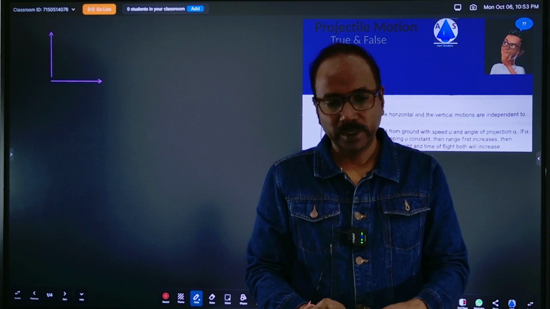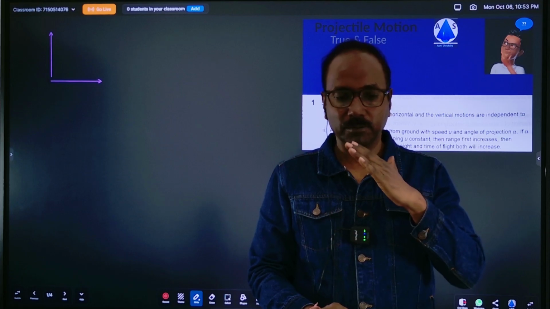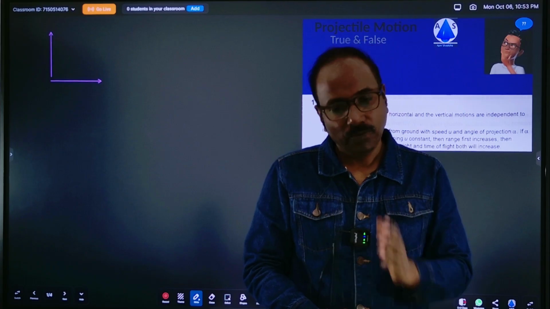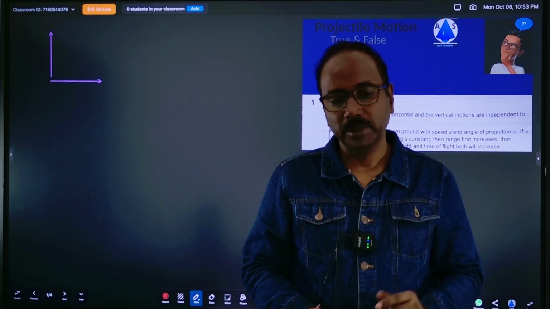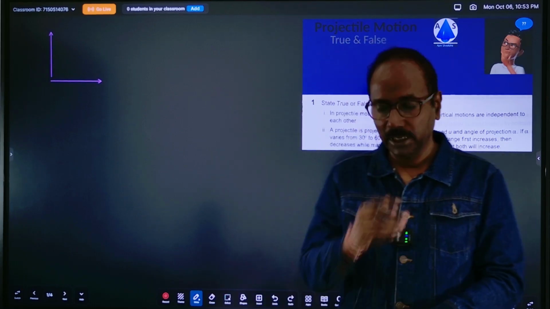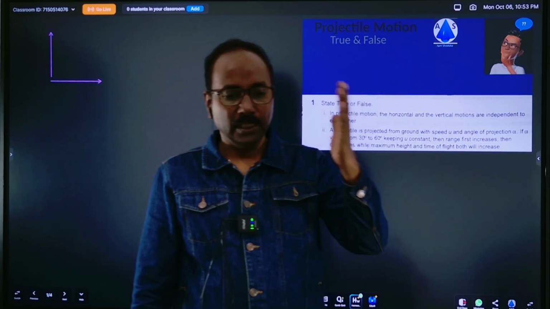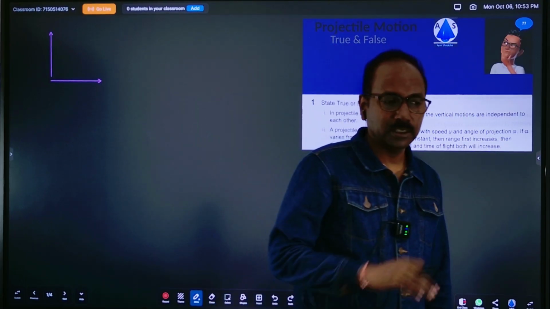So if a projectile is projected at an oblique angle from the Earth surface, the vertical component will experience an acceleration, and because of that the velocity of the vertical component will change. But in the horizontal direction, as the air friction is absent, there is no force acting.